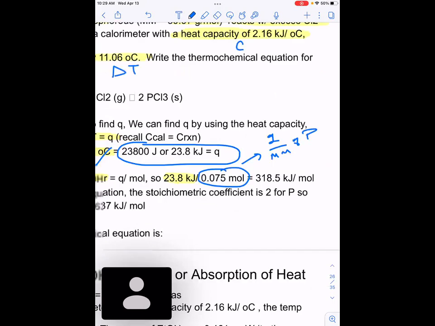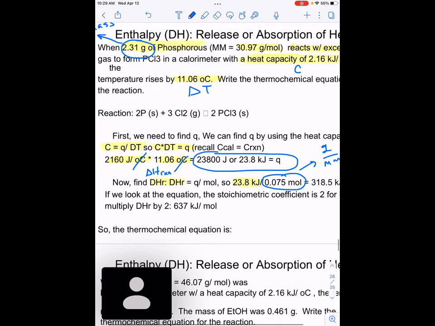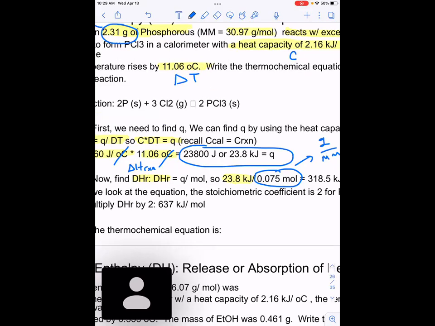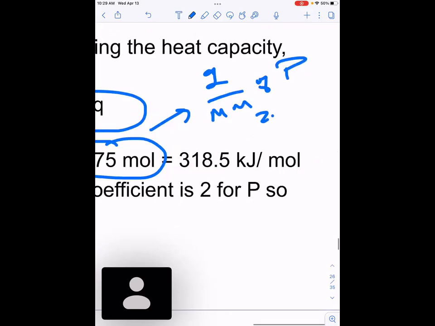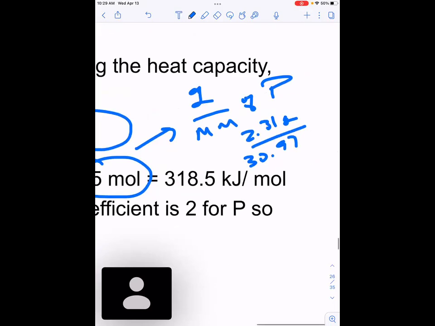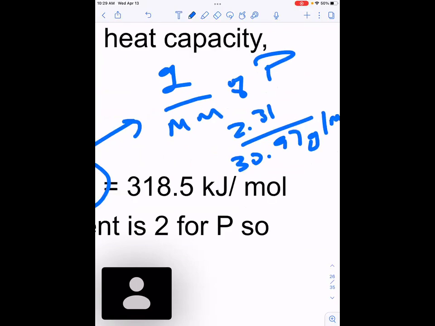Isn't that right? It gave us 2.31 grams. It gave us a molar mass of 30.97 grams per mole. So we can calculate that it was 2.31 grams divided by 30.97 grams per mole. All right, so the grams are going to cancel, and that's where we get that 0.075 number from.